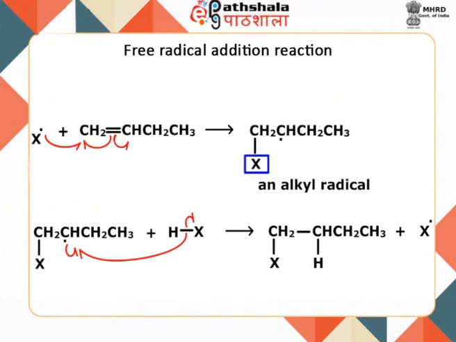The general mechanism involves the addition of the free radical to the alkene to form a carbon radical intermediate, that is, an alkyl radical. These carbon free radicals, unlike carbocations, do not rearrange. The carbon free radical then abstracts another free radical to form the product.